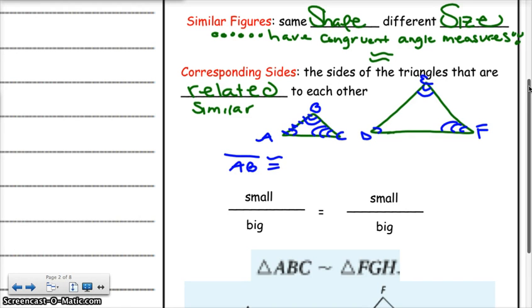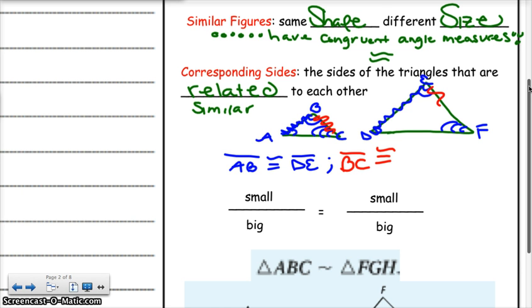Segment DE. Okay, segment AB is congruent to segment DE. And segment BC is congruent to what? EF.